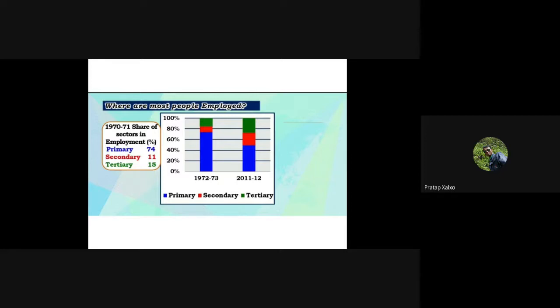Secondary was 11, and tertiary 15. But in the year 2011-12, it has changed, and primary has come down to 49, which is good. Secondary is 24, and tertiary is 27.